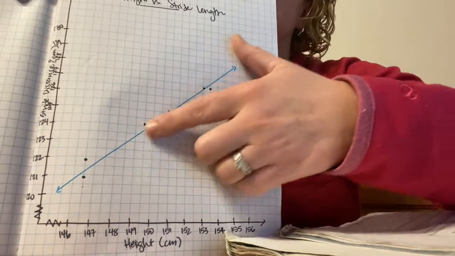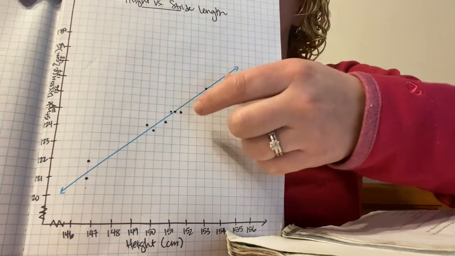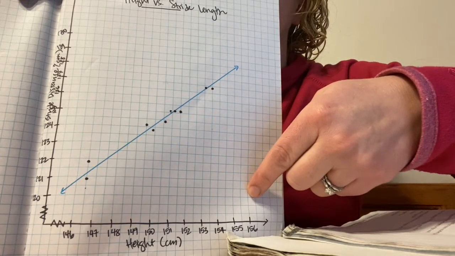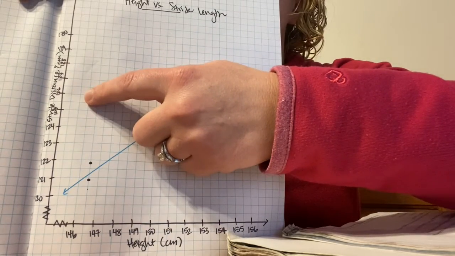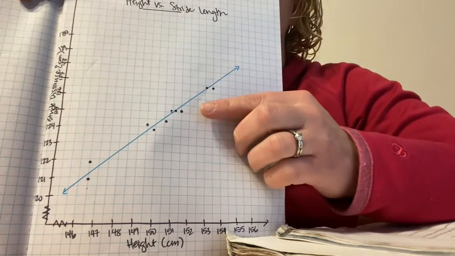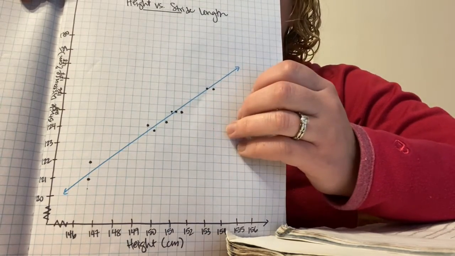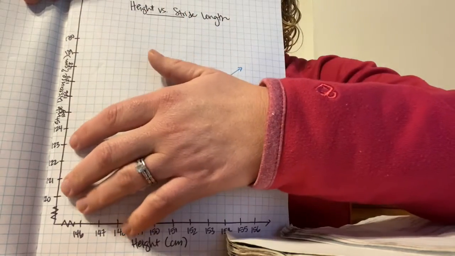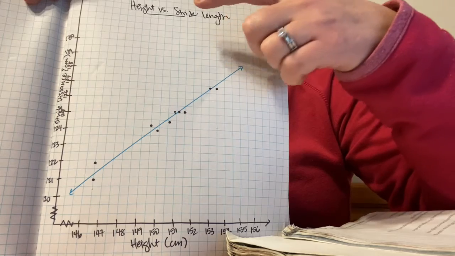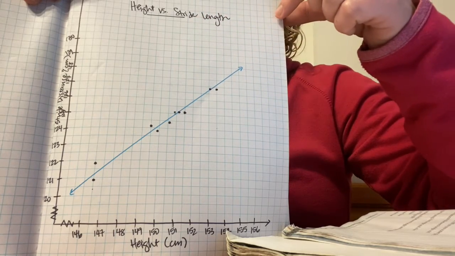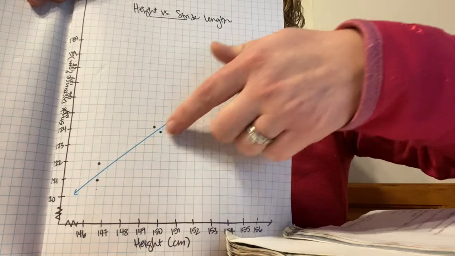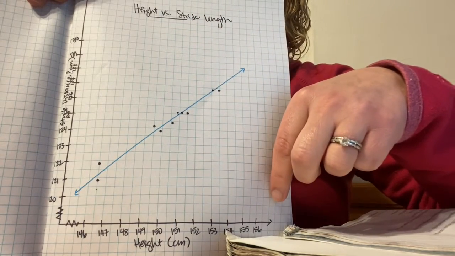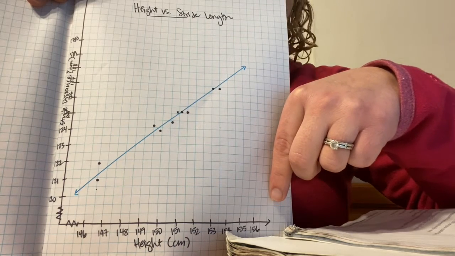If I look at this trend line that I created, for every height that we are plotting down here, the corresponding stride length is about 25 units below. So if I had someone, for example, who had a stride of 150 centimeters, we could say, well, if I added 25 units to that, because that's what this line is generally following, we'd say that person's probably 175 centimeters tall.